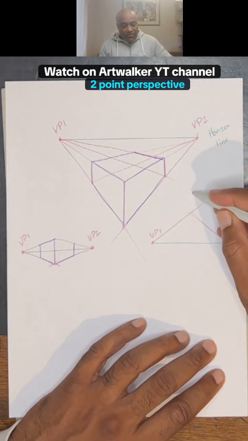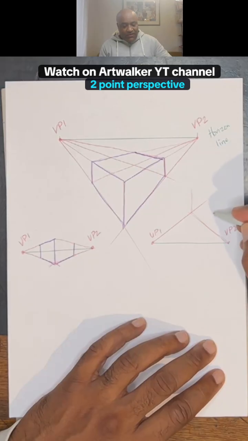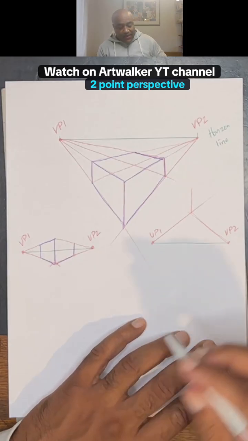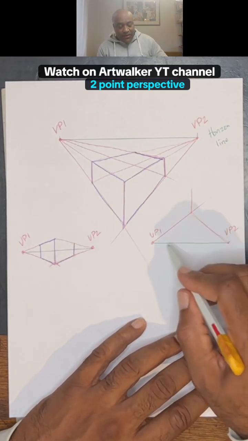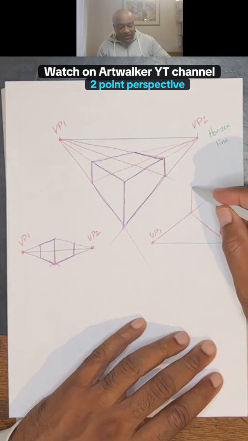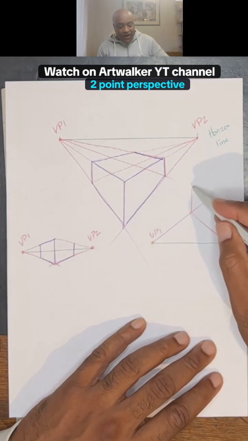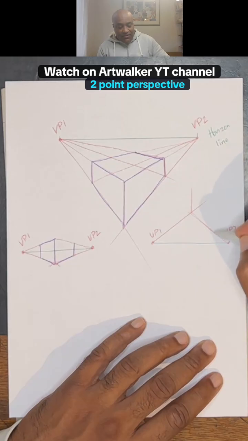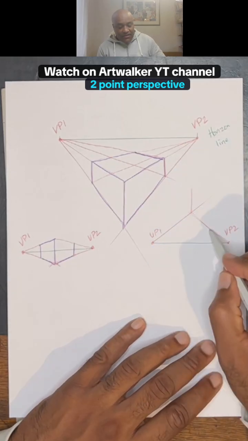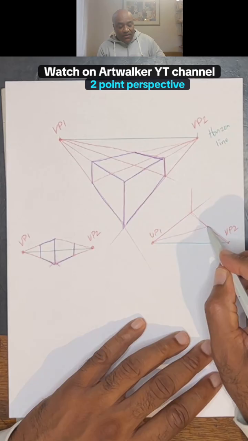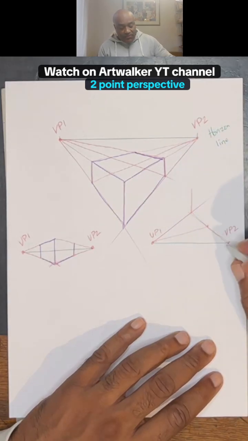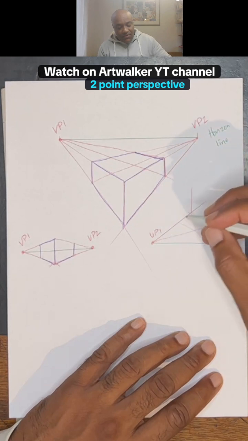Verticals are not affected by the vanishing points. We're always working from our vanishing point. So if we've established this corner here, right here, now we can establish the other corners here and here. So let's just say from here to here, corner, from here to here, corner.